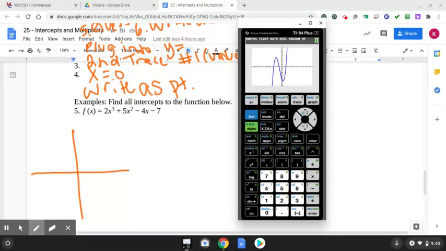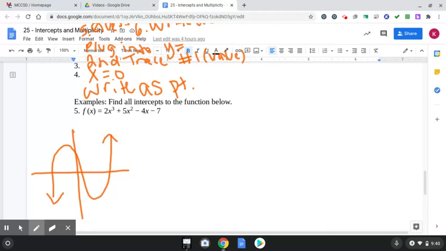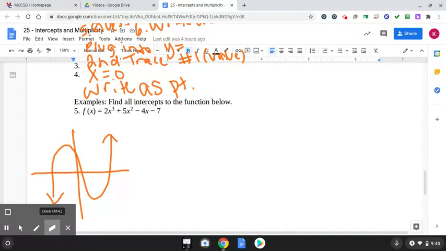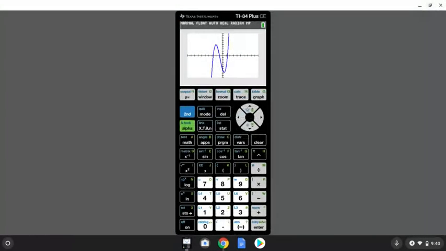And it was something kind of like this. Okay, so it was actually a little bit over, but that's okay. So we have 3 x-intercepts, and we have 1 y-intercept. You're always going to have only 1 y-intercept.